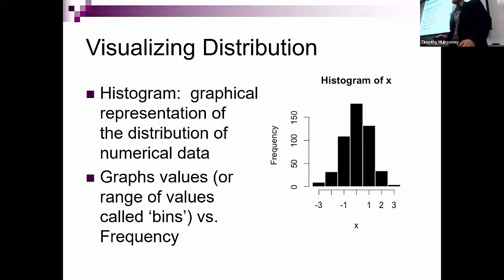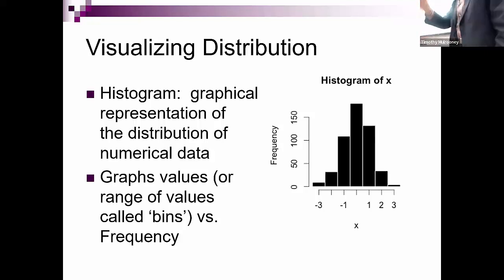A lot of times when we look at the average number of wins by football team, it's going to be somewhere like 7, 8, 9, 10 wins. There's not going to be too many that win 0 or 1, or 15 or 16. Most of them are going to be scattered in the middle, so you're going to have your higher frequency in the middle.